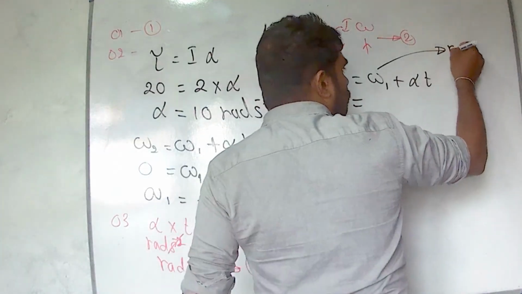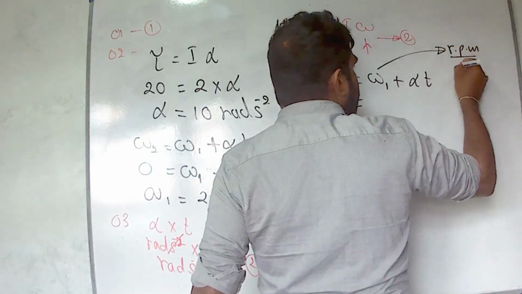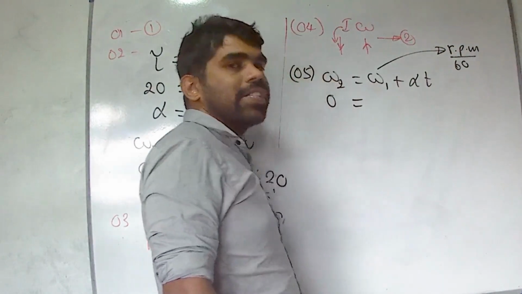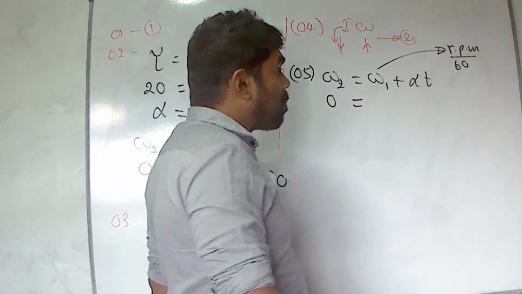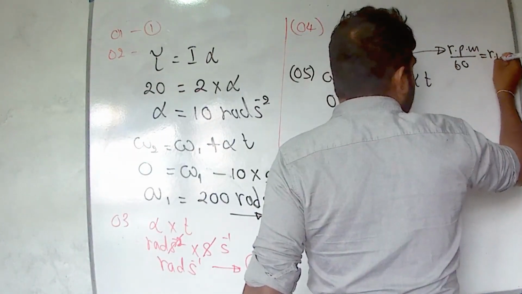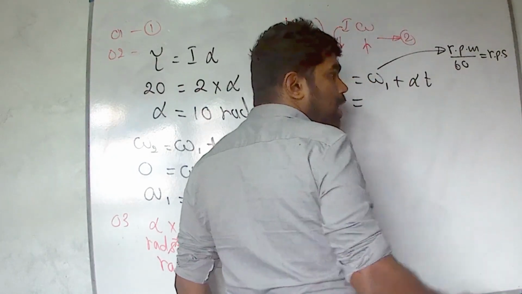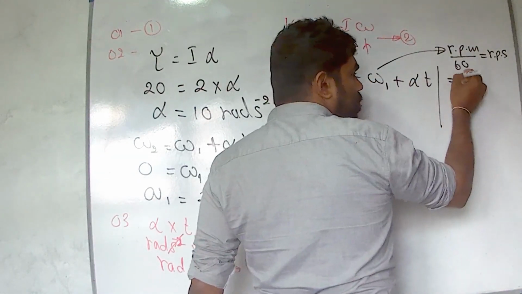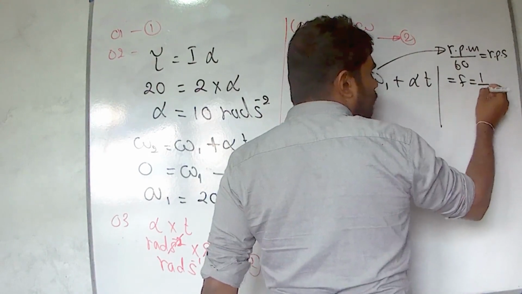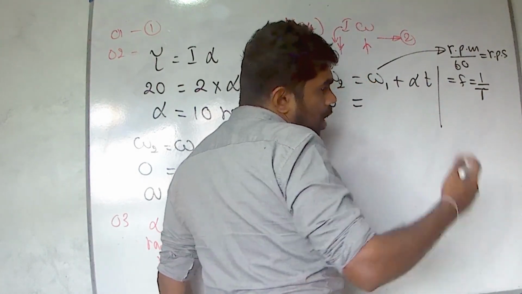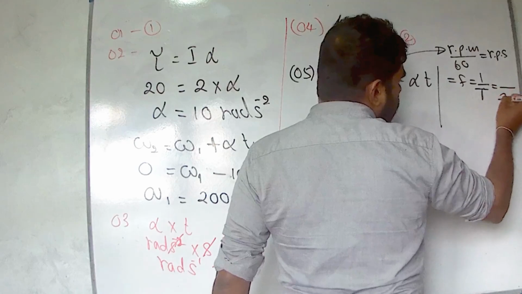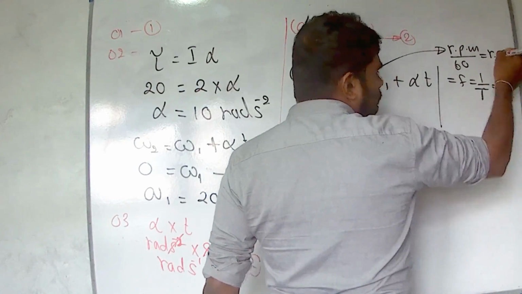We know that revolutions per minute divided by 60 equals rps, revolutions per second. It equals frequency. Frequency is 1 over period, 1 over T. Period is 2 pi over omega. Then 1 over period is omega over 2 pi.